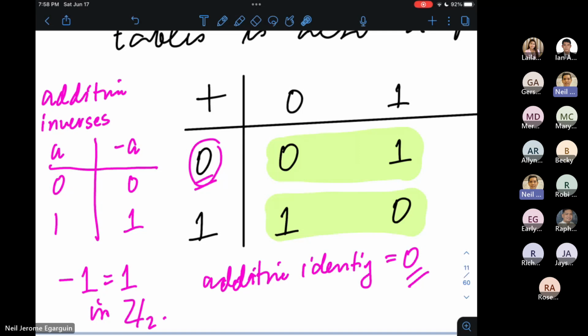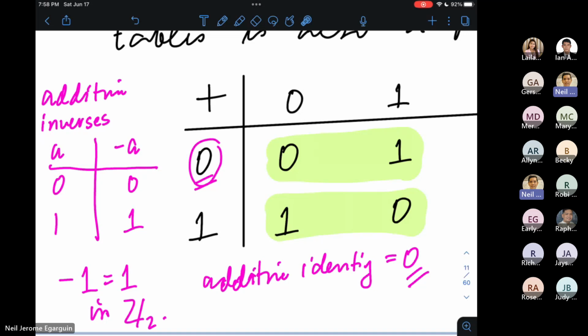Ang additive identity, ang additive inverse ay isang property nung mga numbers dun sa set. Yung additive identity ay isang property nung field. So when I say, what's the additive identity of the field? So isang number lang yung sagot. Kasi unique ang additive identity.